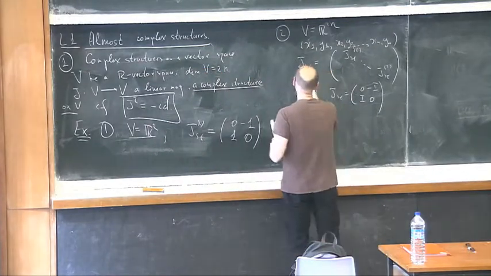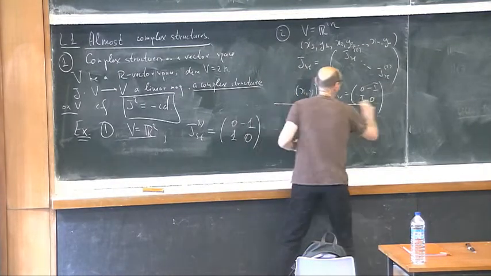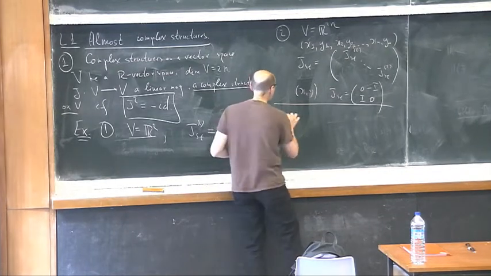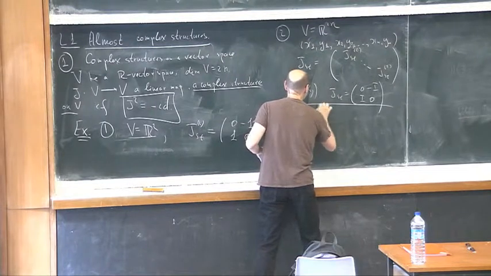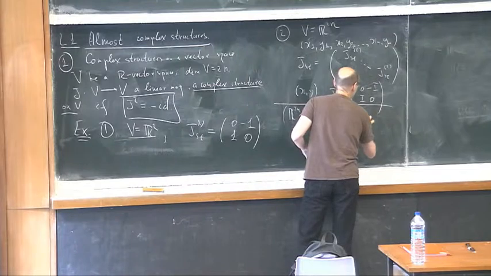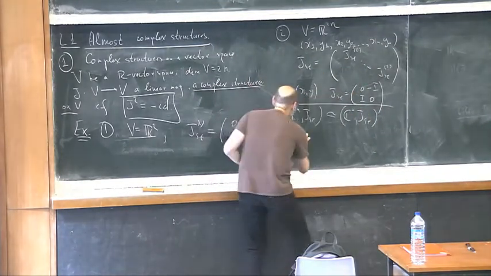Well, why are these examples important? First of all, if you use this complex structure, then we can canonically identify R2n with Cn equipped with the standard complex structure. This is a very classical identification.